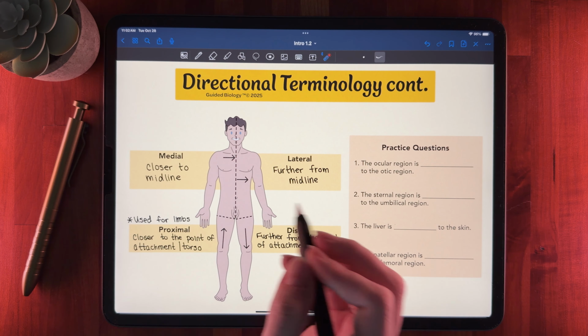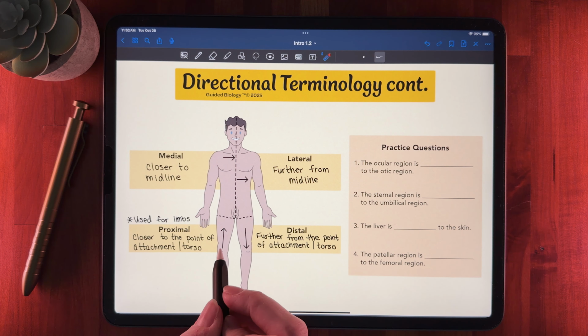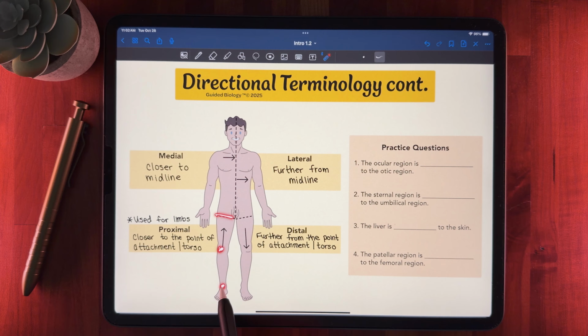All right, and so an example of this would be, let's say we're talking about where the knee is relative to the ankle, okay? And so you would say that the knee is proximal to the ankle, meaning the knee is closer to the point of attachment than the ankle.